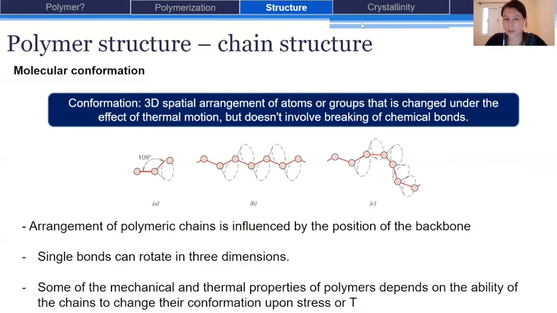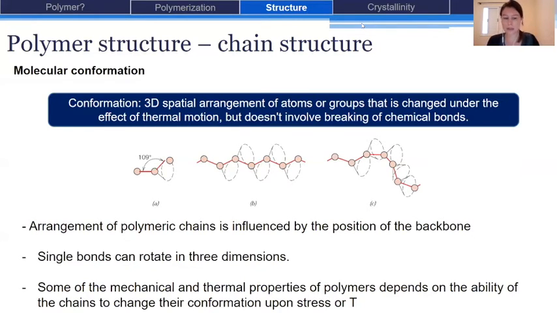Conformation is defined as the three-dimensional spatial arrangement of atoms or groups that is changed under the effect of thermal motion, but doesn't involve breaking of chemical bonds. So the conformation of a polymeric chain can change in time without breaking the chemical bonds.